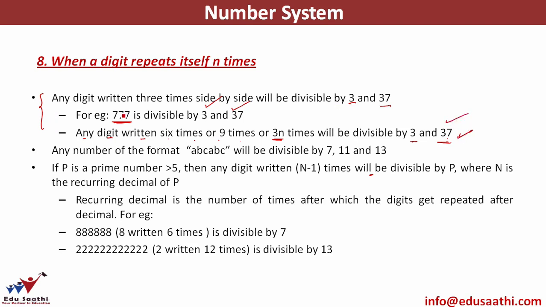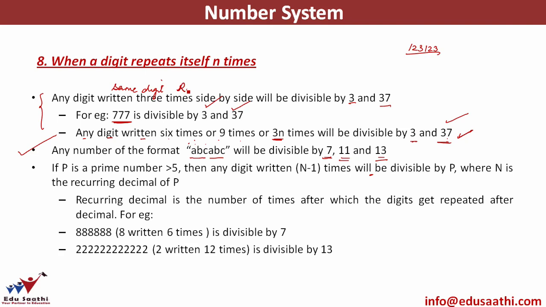Next, any number of the format ABC, ABC. Now what is it? ABC are distinct, but it is repetitive. So if I am talking about 1, 2, 3, 1, 2, 3, of this form, it will be divisible by 7, 11 and 13. In the earlier case, it is the same digit which is repeating.